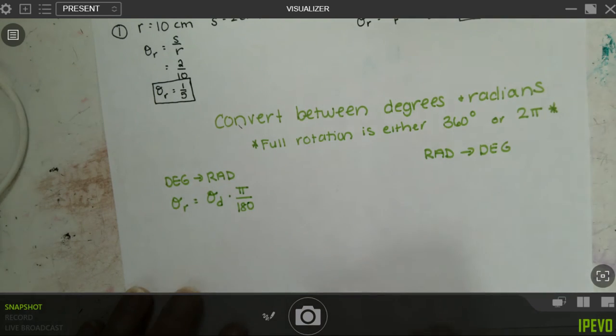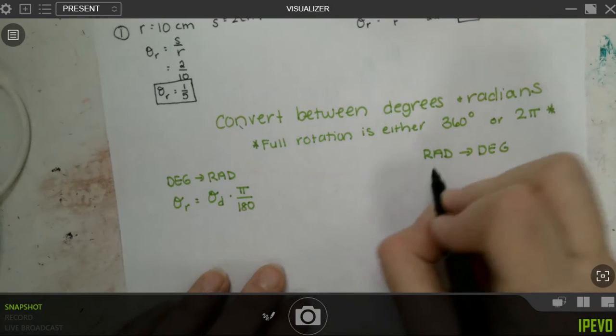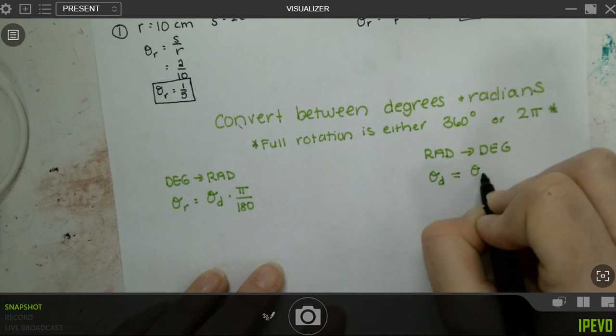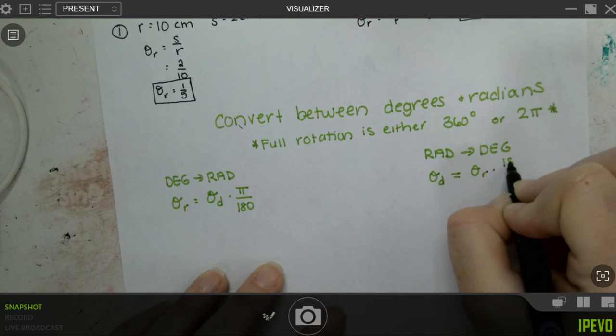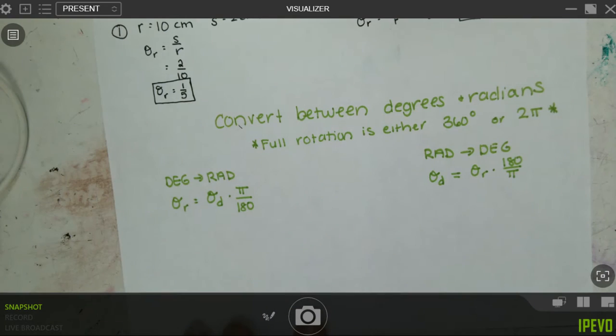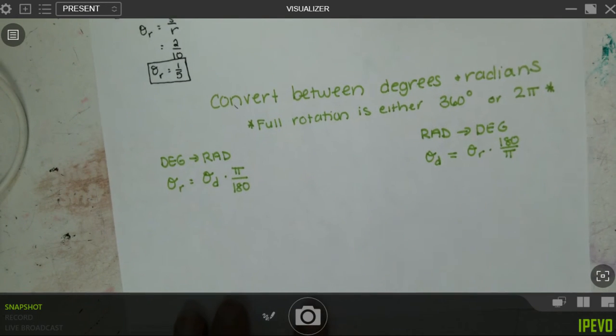Because radians typically have pi in them, and so you need to get pi into it that way. The other way, if we want to get degrees, it's equal to the radians times the reciprocal, 180 over pi. And you'll see in a minute that that makes a whole lot of sense, because that is how we're going to cancel out the pi from the radians.